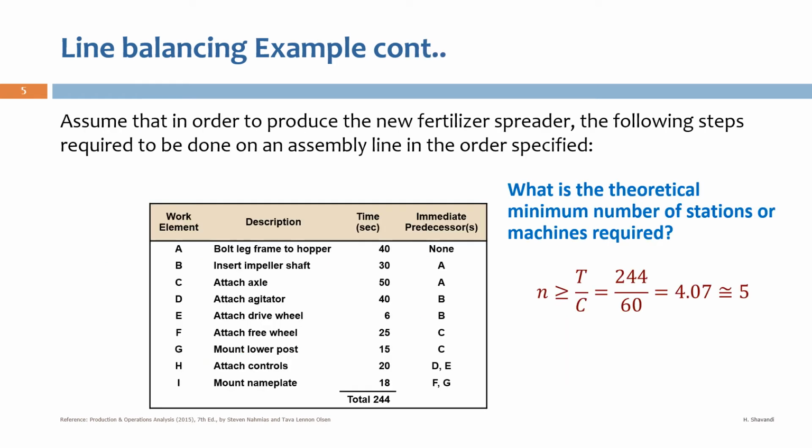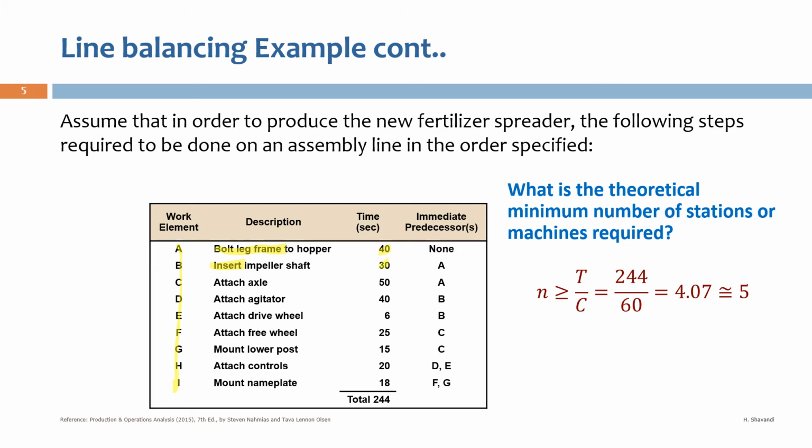Now let's continue the example, and we know that these work elements, or let's say steps, should be done in order to produce one item of the fertilizer spreader. So we have the tasks or work elements here, and also the description of each work element, and we have the processing times in seconds.